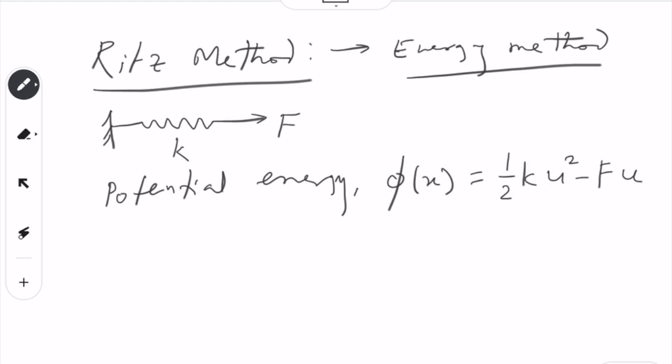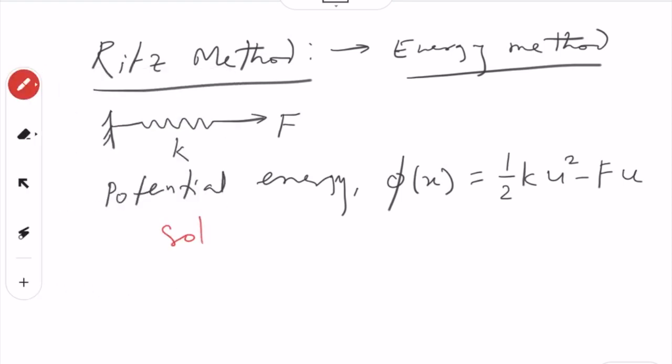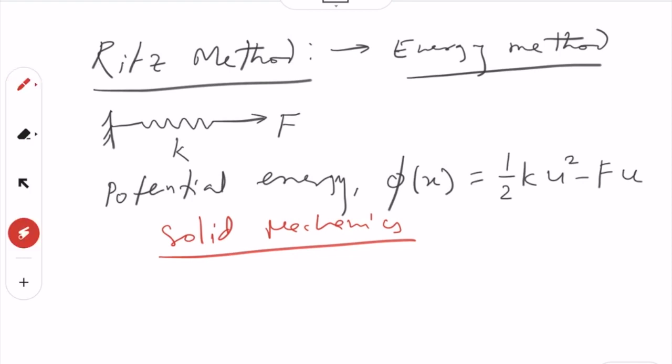We have already seen this when studying solid mechanics, where we used the energy method a little, the Castigliano theorem and all. This is the same thing basically.